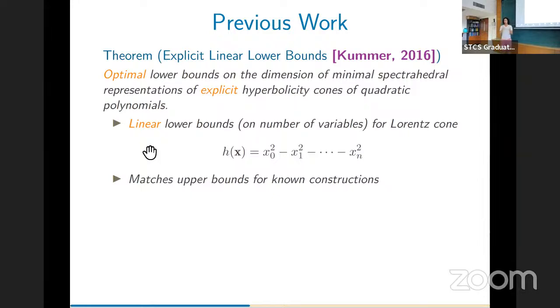And we know that smooth hyperbolicity cones are spectrahedral shadows. The proof uses the Lasserre hierarchy, and we don't know any computational bound there. We just know that one exists because of convergence of the Lasserre series, and it uses some geometry theorems too.